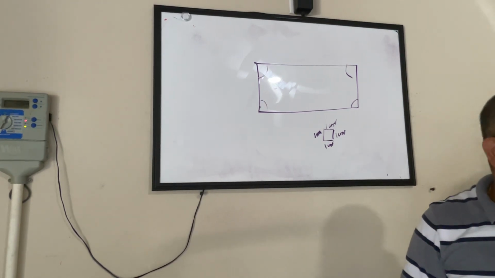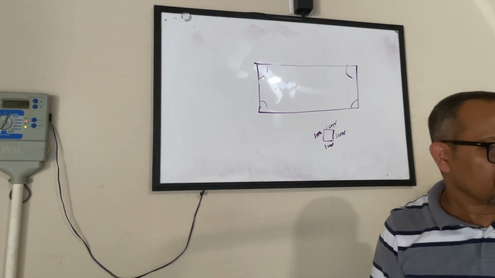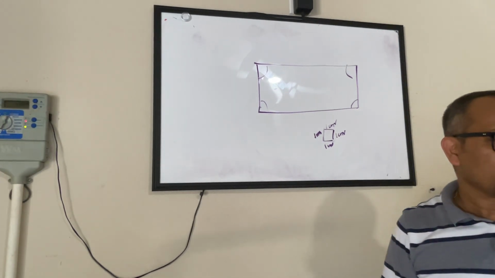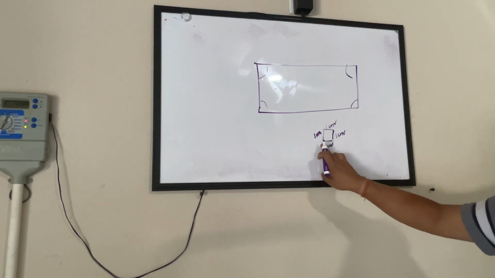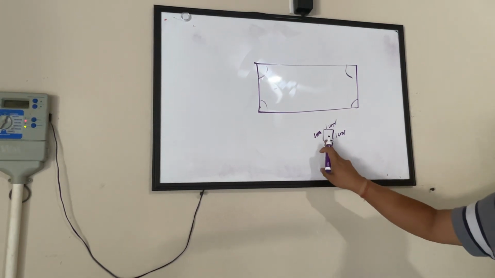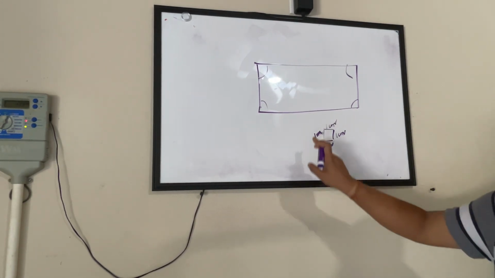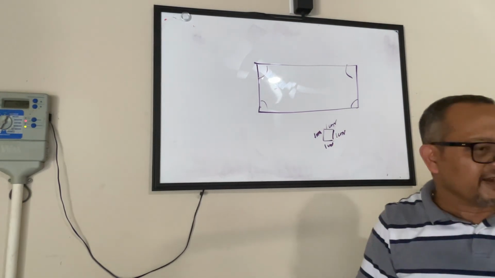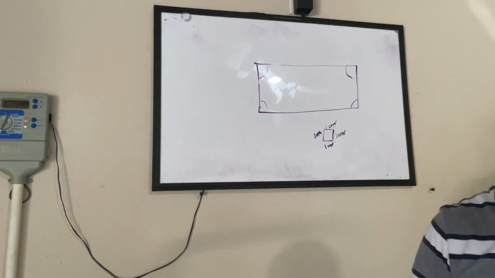A square with 1 centimeter or a 1 centimeter square. This baby square that you see here, this is 1 centimeter in all sides. Okay? We will call it 1 centimeter square, a square with 1 centimeter. Is that okay?